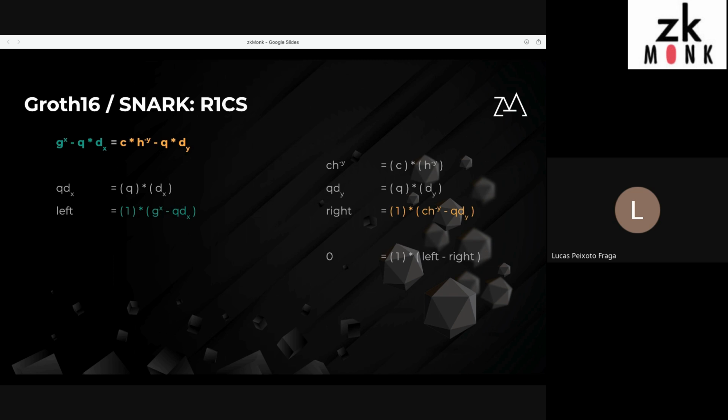Okay, so this is why it is very important to think of all these constraints as linear combinations. And how we synthesize these linear combinations, these R1CS, to something mathematical that can be verified very fast.